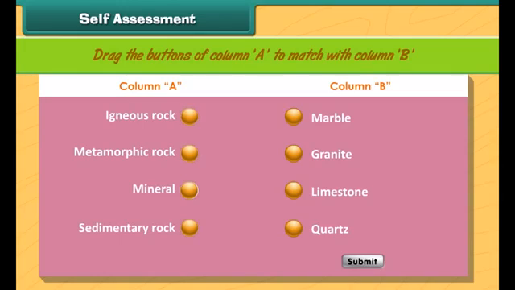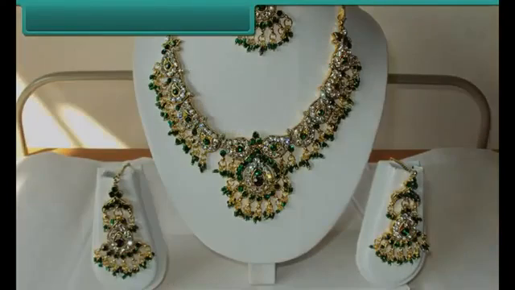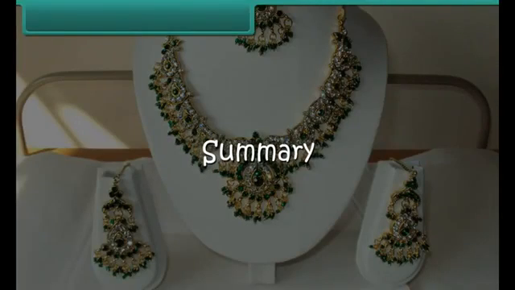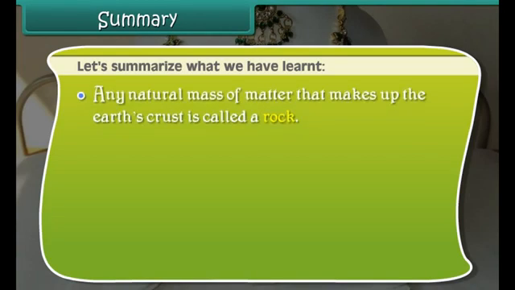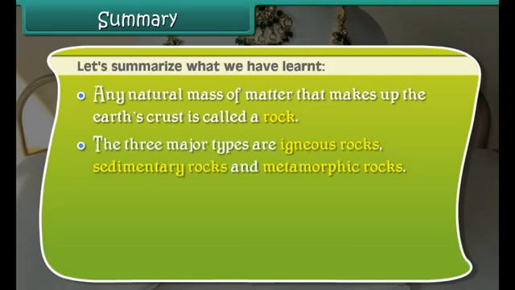Summary. Let us summarize what we have learned. Any natural mass of matter that makes up the Earth's crust is called a rock. The three major types are igneous rocks, sedimentary rocks, and metamorphic rocks. Granite is an example of igneous rocks.